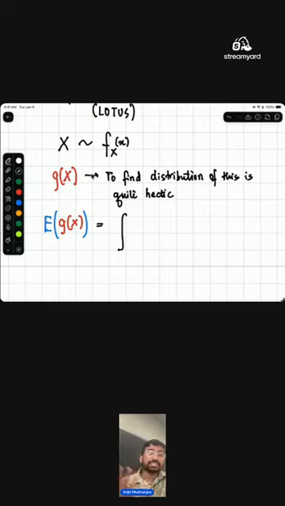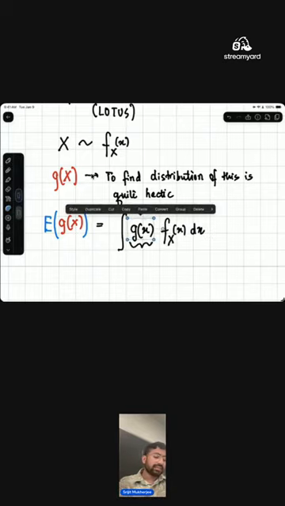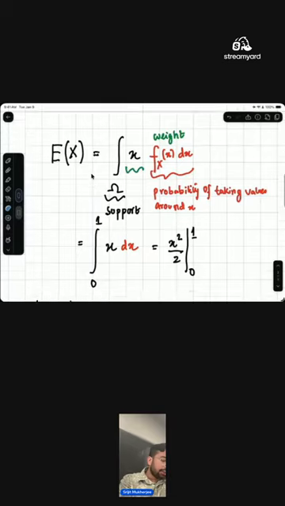So the way to find it is very easy: just apply the function g(x), as if you're replacing x by g(x), and then you multiply with the density of X. In normal expectation it was x f(x) dx, but here it's g(x) f(x) dx.